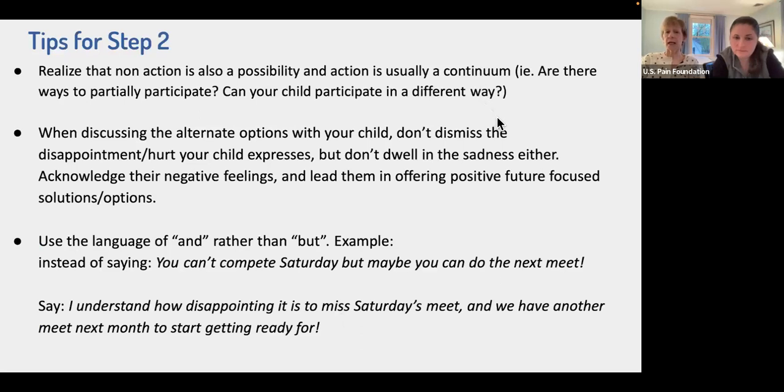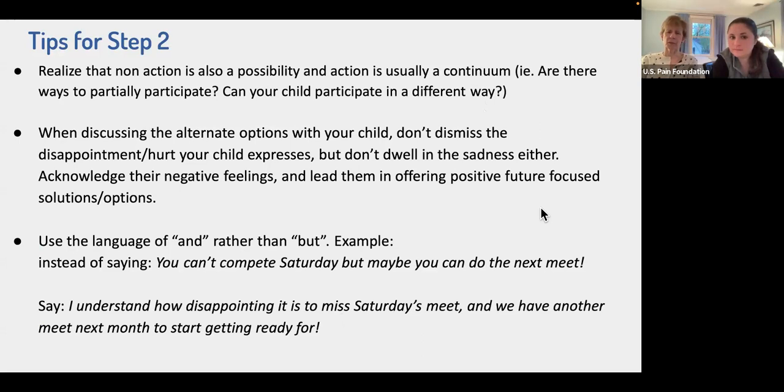Realize that non-action is also a possibility, and that action is a continuum. Are there ways that you can partially participate? Can your child participate in a different way? When talking about the alternative options with your child, don't dismiss the disappointment of the situation. Not being able to participate fully can really be a bummer, but also don't dwell in the sadness of it.